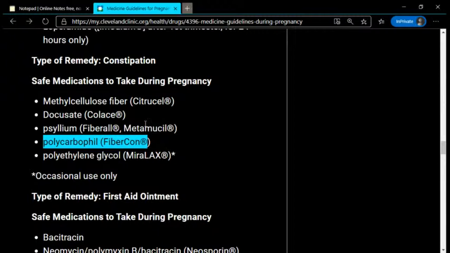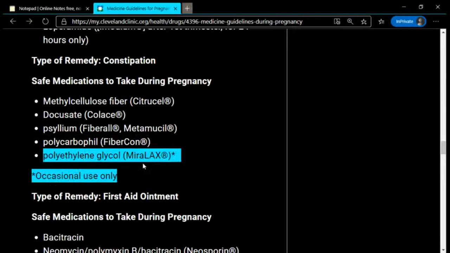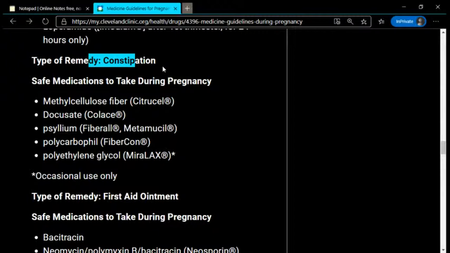Also, we have the fiber cone, polycarbophil, and polyethylene glycol, MiraLAX. These are all drugs used during constipation.